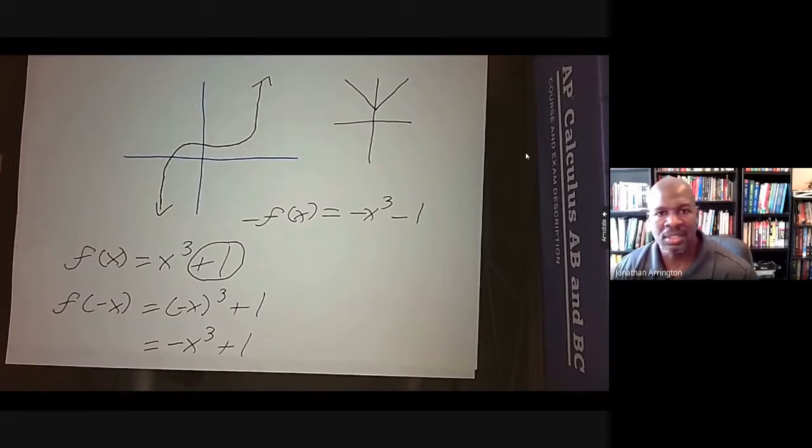That's it. That's the condition. But for odd function polynomials, you have to have all odd exponents with no constants. You cannot have a constant for an odd polynomial function. So only odd exponents, no constants. That is the difference. Okay.